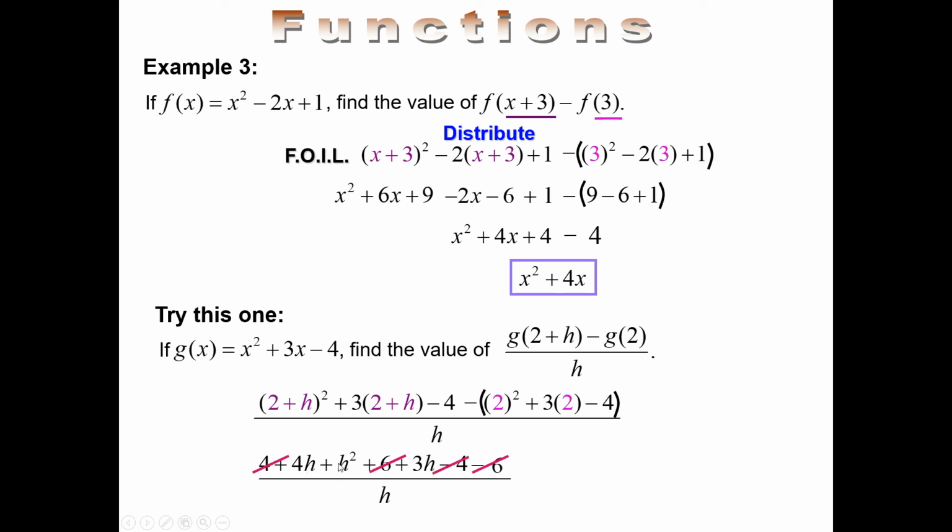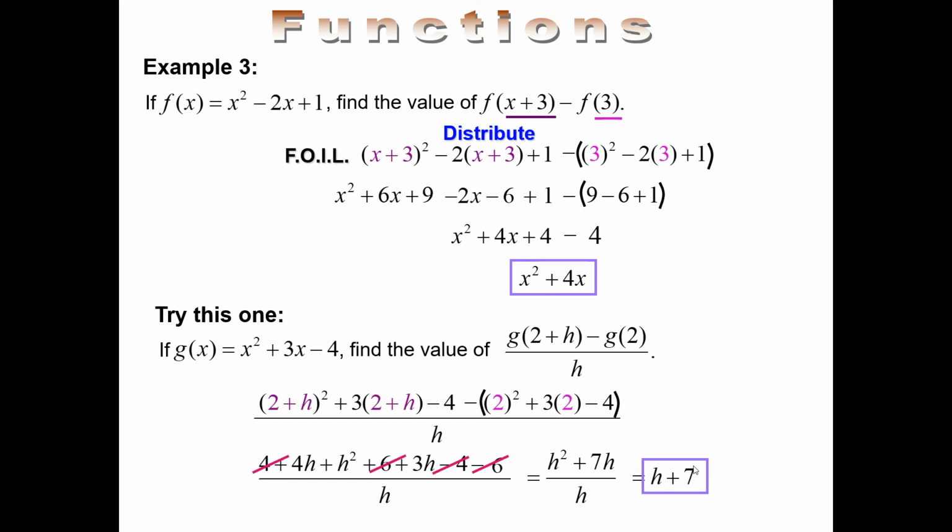So we've got h squared plus 7h over h. And again, if we separated, we'd have h squared over h plus 7h over h. So the h's will reduce, and we end up with h plus 7. Okay, see how it's simplified nicely?